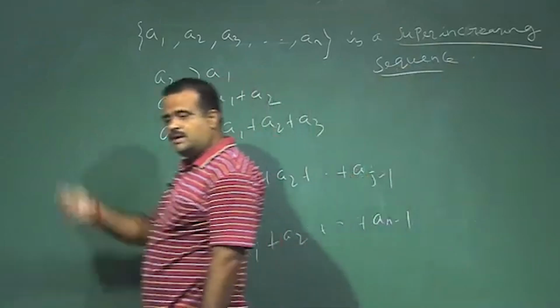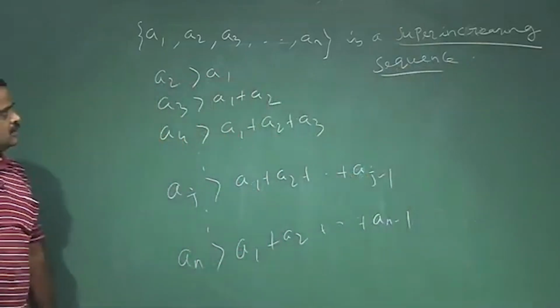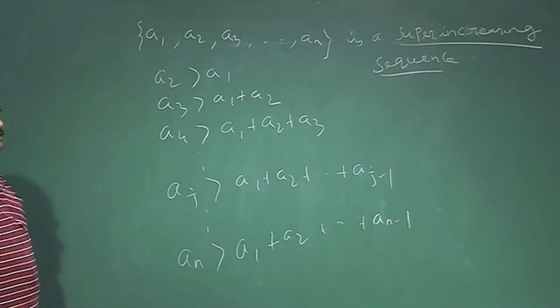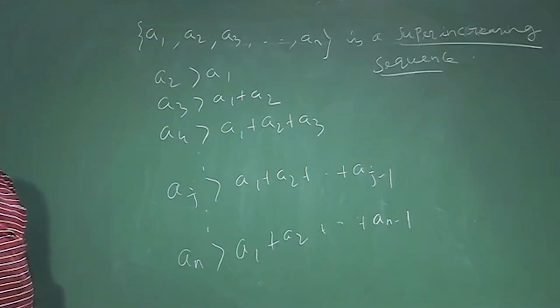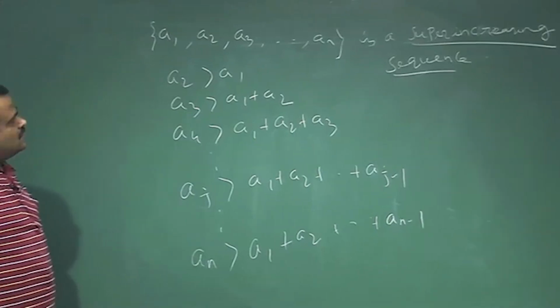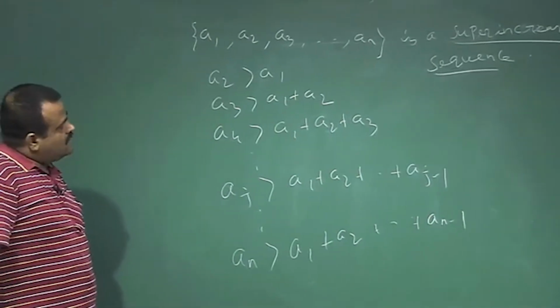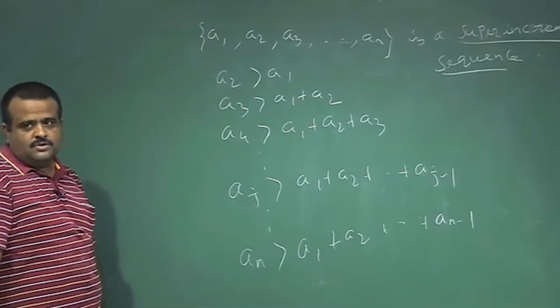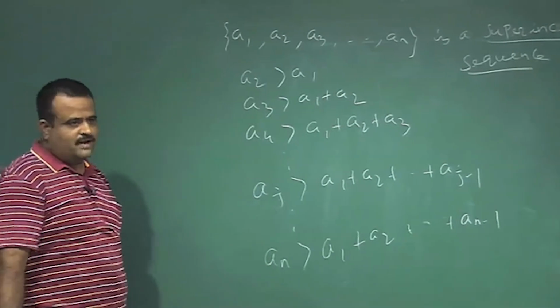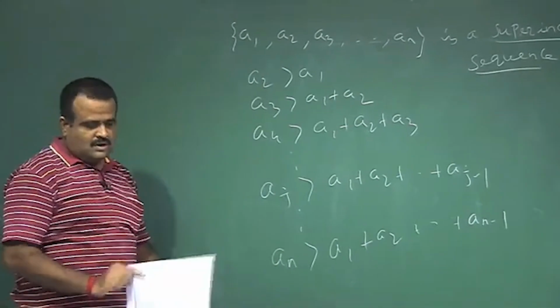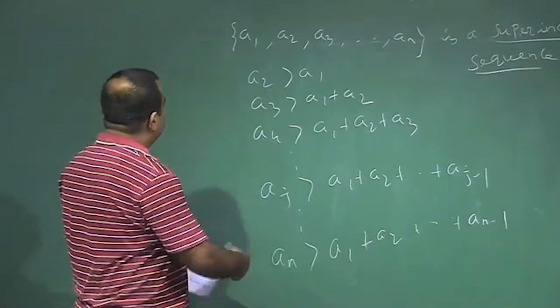If our Ai's are a super increasing sequence, then this subset sum problem has a polynomial time algorithm to get that vector. So what is that algorithm?